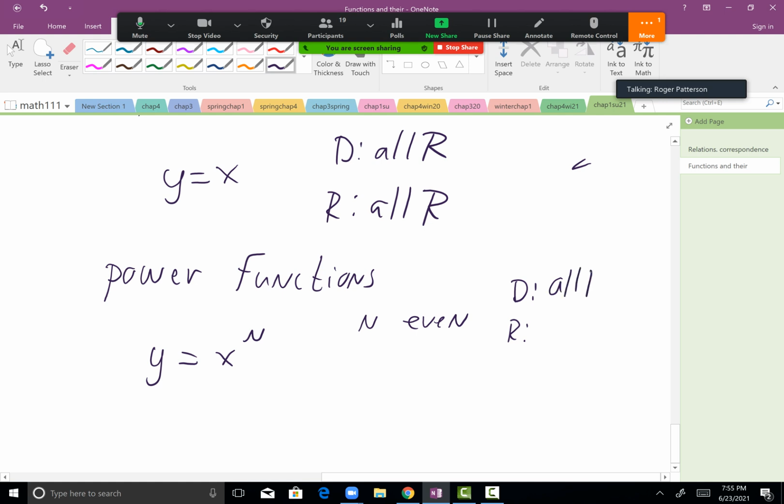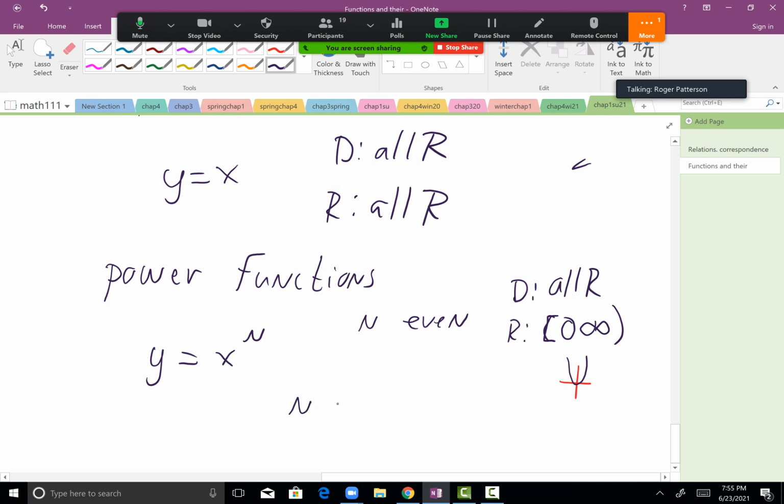All real, okay, good. And what's the range? 0 to infinity. So I'm going to put a big bracket around that. It goes 0 to infinity, all right? And I know I'm going to get nice little U-shaped graphs.